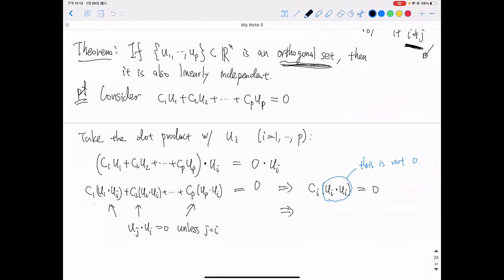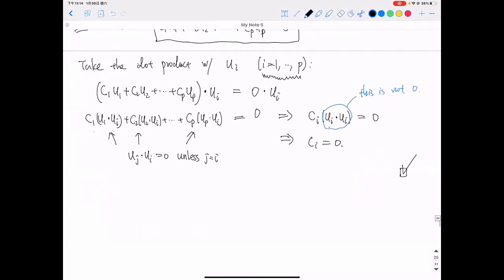So we are therefore forced to have CI equal to 0. And this discussion is true for every I. So that means the only way for this linear combination to equal the 0 vector is if all the coefficients, the C's, are 0. And that's what we call linearly independent. Okay. Very good.